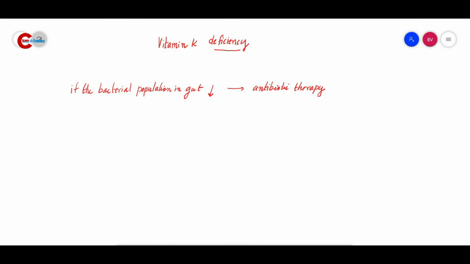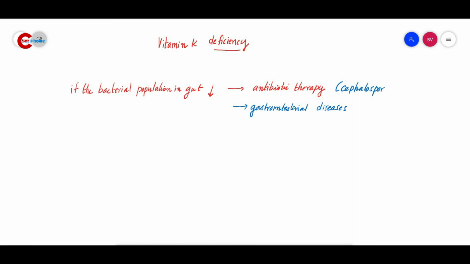If we are taking some antibiotics, the beneficial bacteria in our gut are also lost due to the continuous exposure to these antibiotics. Next is if we have some gastrointestinal infections with diarrhea. In these conditions, our gut bacterial load is reduced.